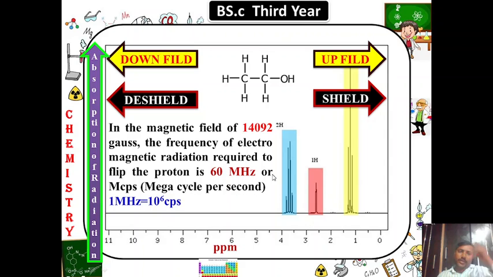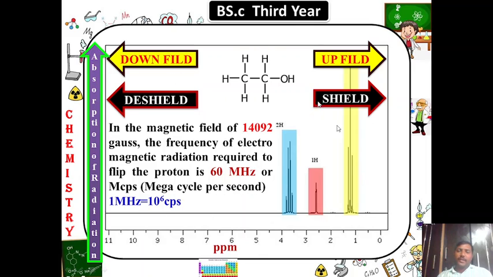How it is observed: at a magnetic field of 14,092 Gauss, the frequency of electromagnetic radiation required to flip the proton is 60 megahertz, or mega cycles per second. 1 megahertz is equal to 10 to the power 6 CPS, cycles per second.